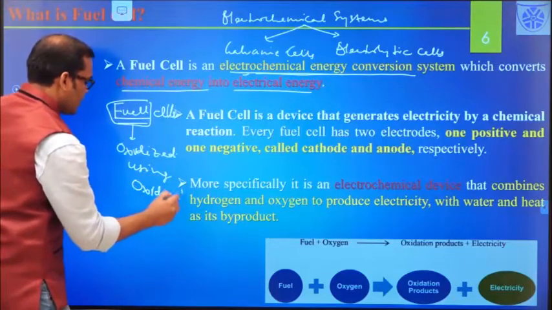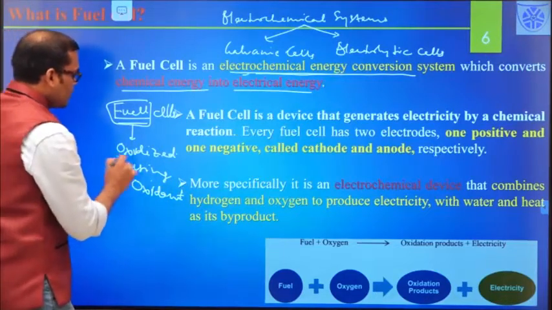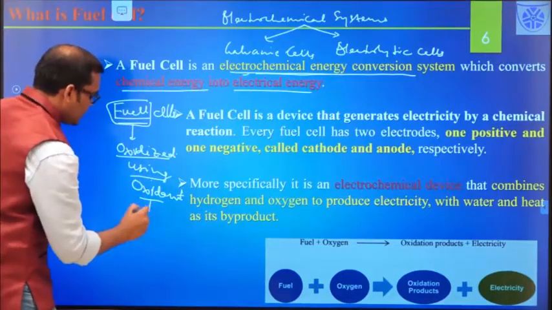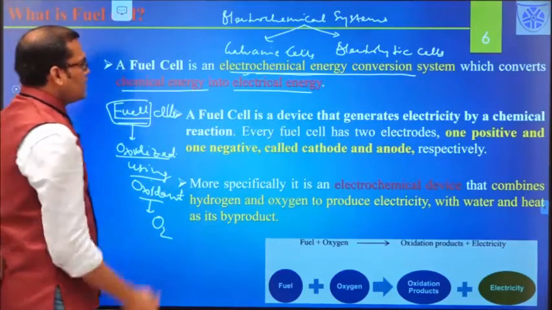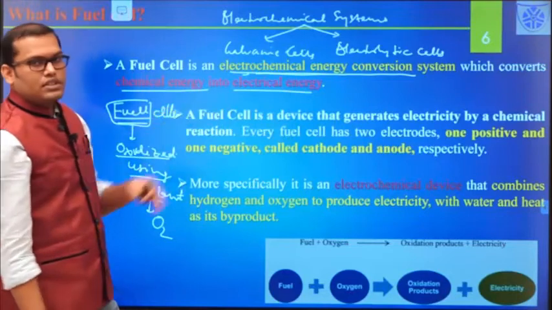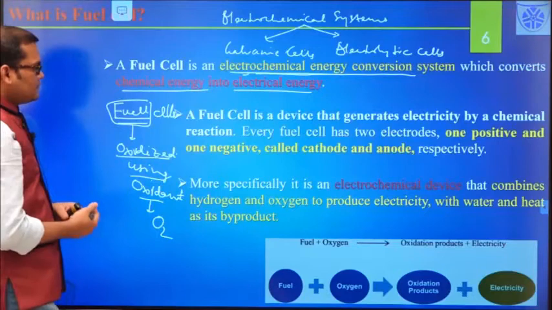So that's what I am telling, you need a fuel and an oxidant to do the oxidation. This oxidant, mostly we use oxygen, right? So this is what the electrochemical energy conversion system is about. So we are converting one energy to another energy electrochemically, right?